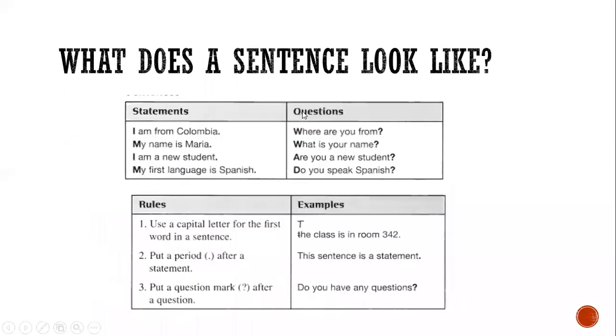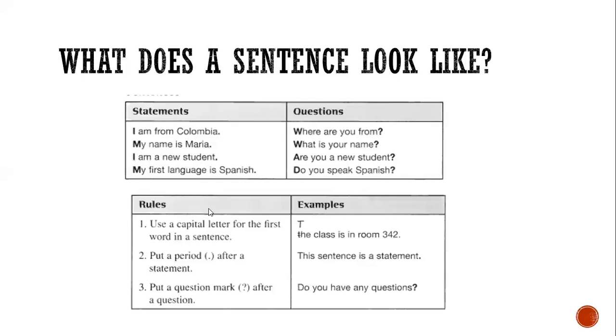So what does a sentence look like? So sentences can be a statement or a question. Okay, I think this one's quite easy. So you know, a statement ends with a full stop. Statement, pernyataan, question, pertanyaan. So pertanyaan always has the question mark.